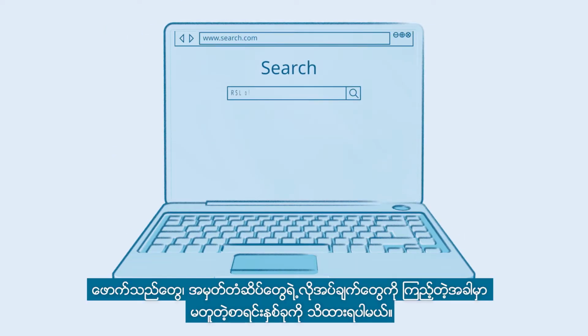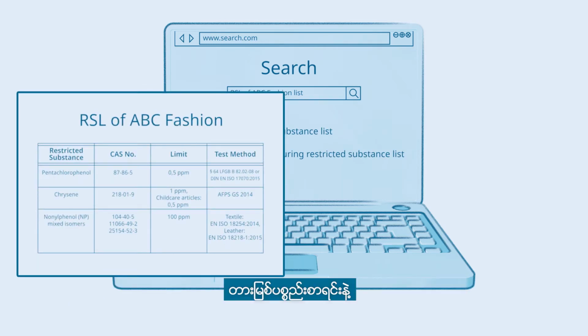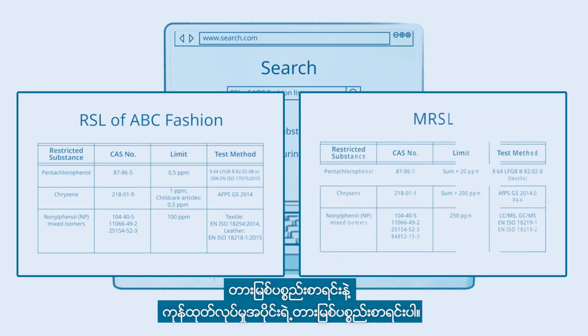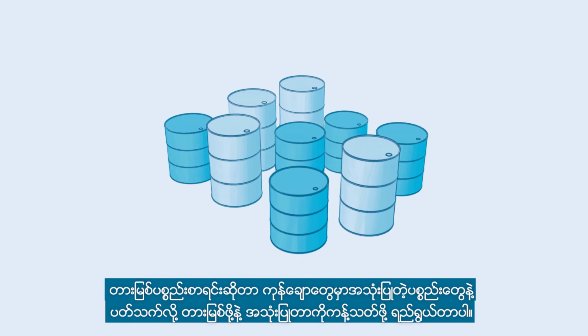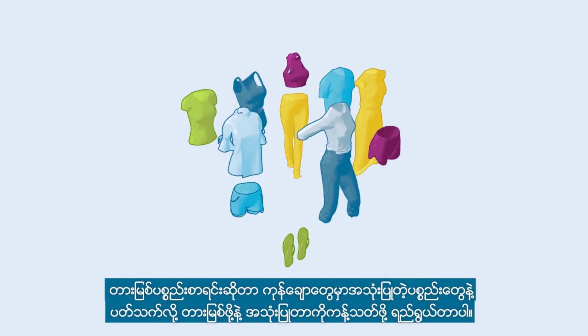While reviewing customer and brand requirements, you may come across two different lists: the Restricted Substance List and the Manufacturing Restricted Substance List. The Restricted Substance List aims to prevent and limit the use of restricted substances in finished products.